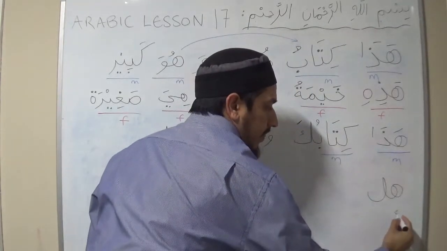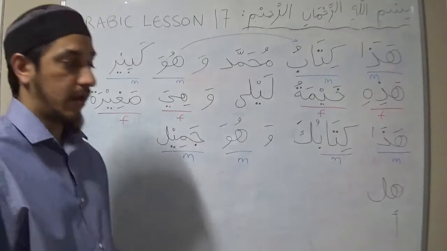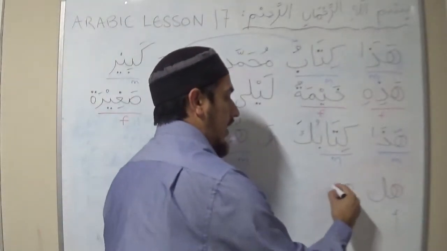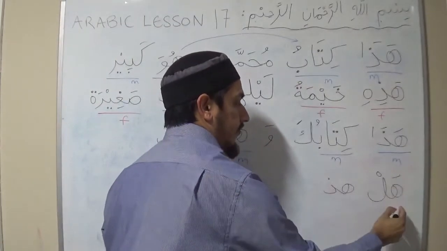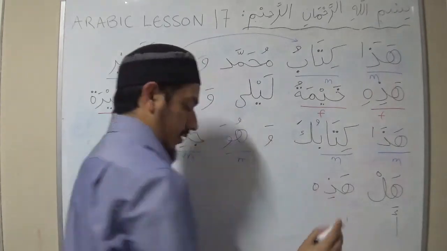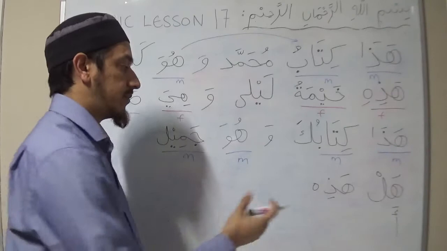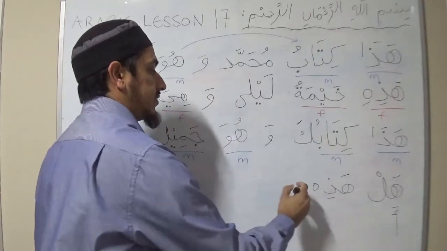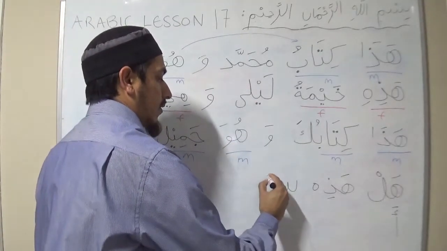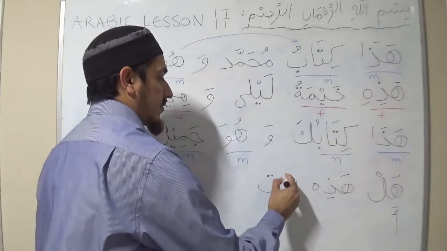Hal, هل هذه. Again, we're going to do the possessive, so the daughter of somebody, so we say bintu, the daughter of.